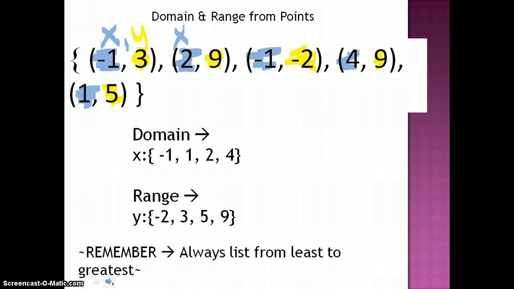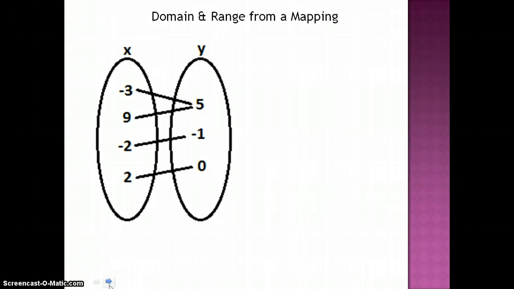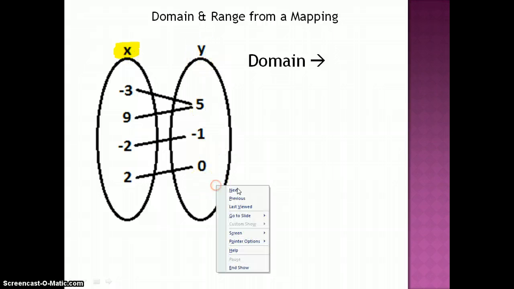Now let's look at domain and range. Oh, also, always remember to list from least to greatest. Now let's look at domain and range from a mapping. So if we have this mapping, again, domain is going to be my X values, and range is going to be my Y values.